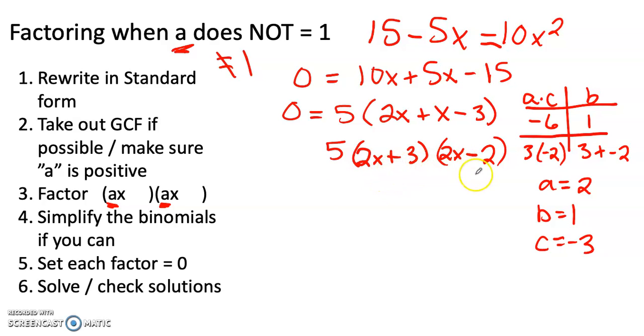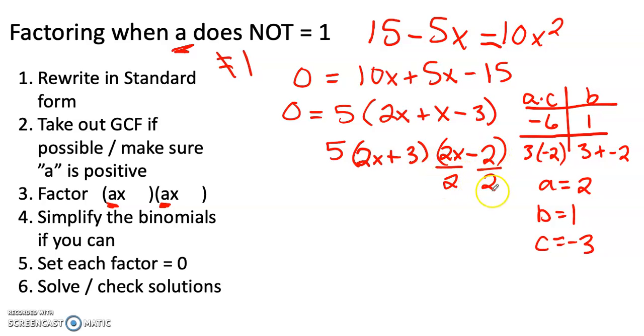So now that I found my factors and I put my ax in, I'm going to simplify my binomials, if I can. So I'm going to look at this binomial and see if there's anything I can divide both this term by and this term by and get something that's divisible by both. In this case, I can't simplify. There isn't a number that's going to give me a nice, friendly, divisible number at the end. So I'm going to go over here. Is there a number I can divide this binomial by for each term and get something nice and friendly?